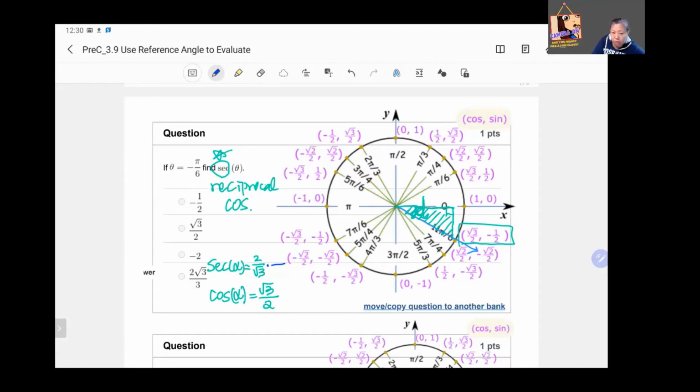Then I do have radical 3, which is an irrational number on the bottom. Then what I can do is multiply the identical radical number on the top and bottom here. Then this will get you 2 radical 3 over radical 3 times radical 3, which is 3, right? Then now I recognize the answer here.